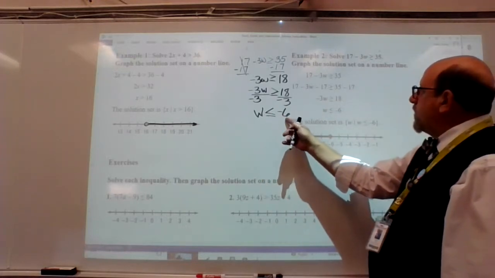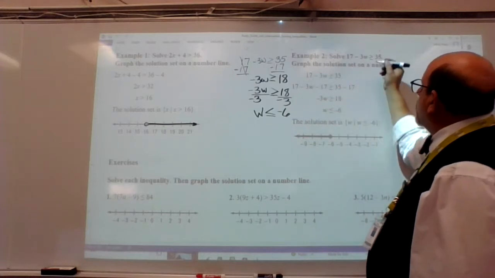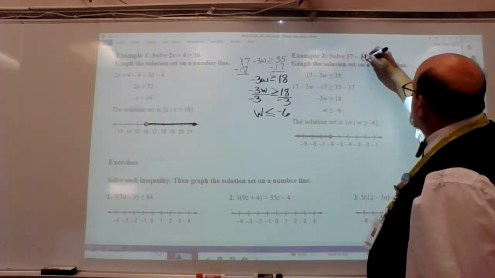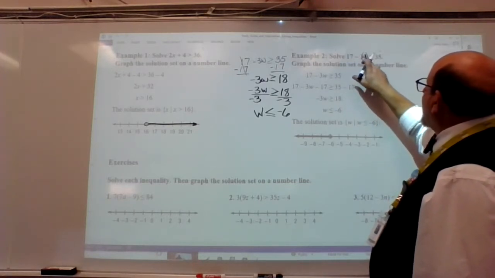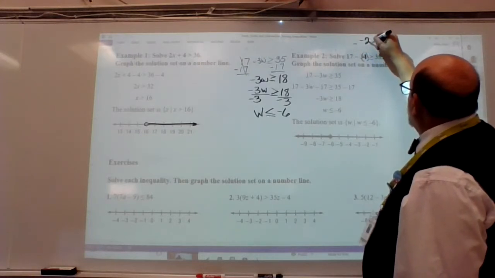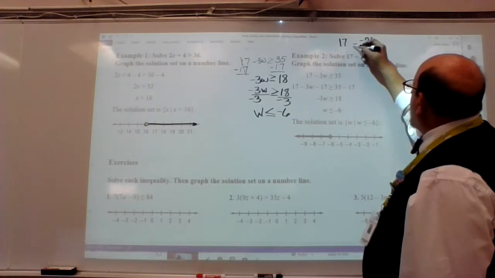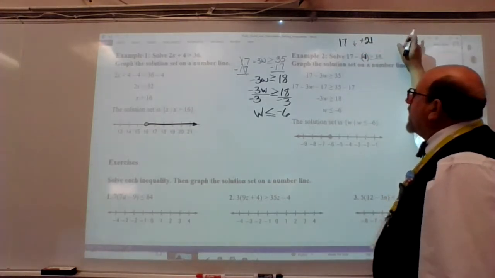So now let's look at something that's less than negative 6. Let's talk about negative 7. If I put in a negative 7 up here, I have 17 minus, well, that would be negative 21, 17 minus negative 21, minus a negative is like plus a positive, and that gives me 38.